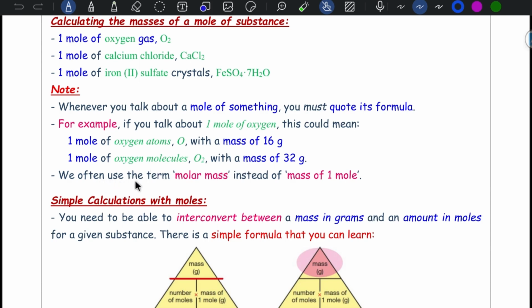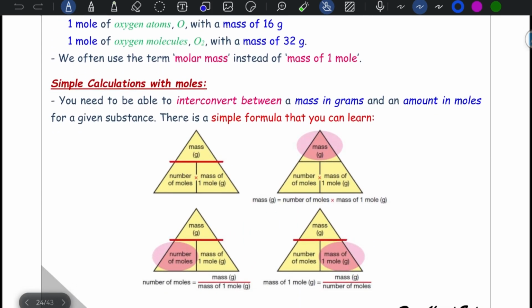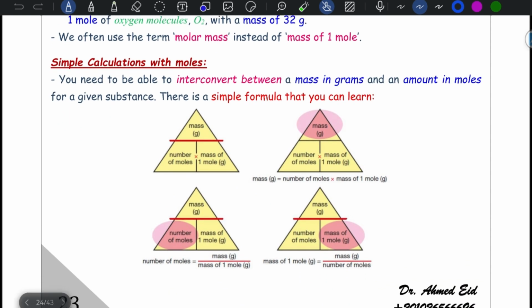We often use the term molar mass instead of mass of 1 mole, and now we'll use the triangle for interconversion between mole and mass. If you check this, you can interconvert between mass in gram and the amount in mole for a given substance using this triangle.